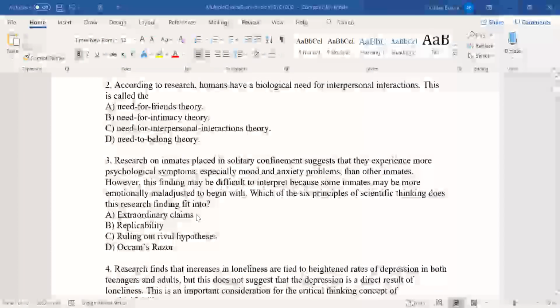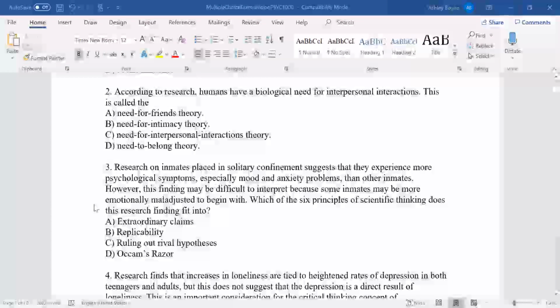So Lauren is saying C. Anybody else? Okay, Camille says D. Okay, yes, so the answer is D. It is the need to belong theory.